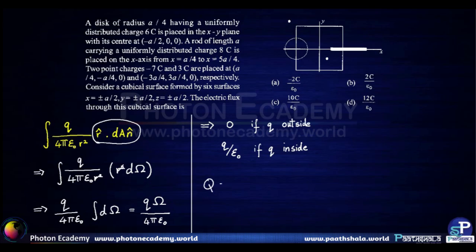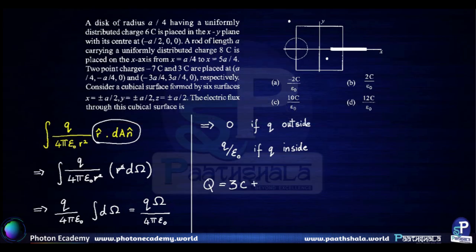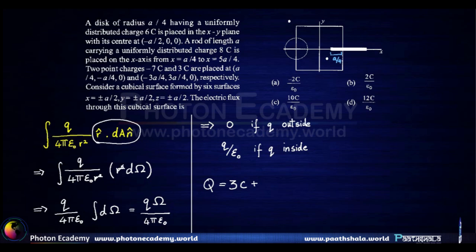So we have 3c from the disk, plus the rod of length a has a charge 8c, but the portion of the rod inside the cube is only a by 4. So it contains only 1/4 of the total charge, which means we have 2c from the rod.